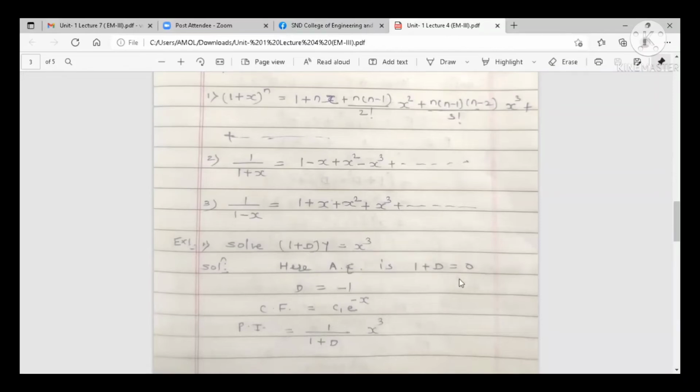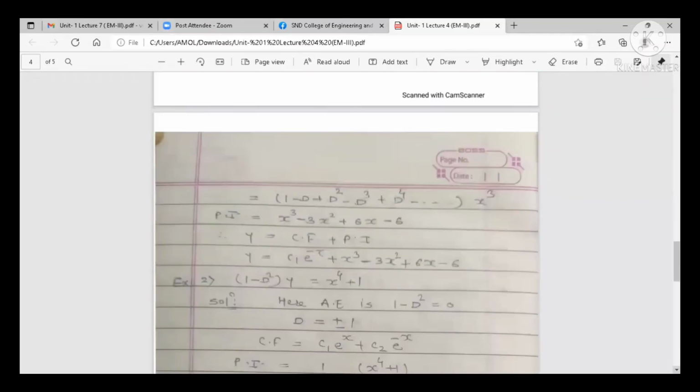You will get the auxiliary equation, and so the value of D is here -1, because it is a linear equation, and the root is -1. So the complementary function is c1 e raised to -x here. Now the PI, the formula is 1 upon phi of D into f of x. 1 upon phi of D is here 1 plus D into f of x is here x cube.